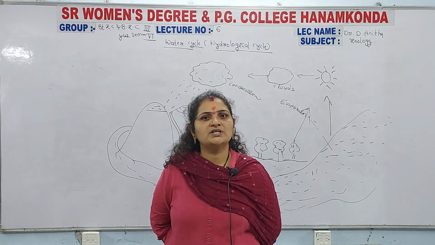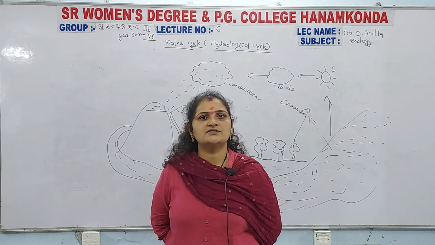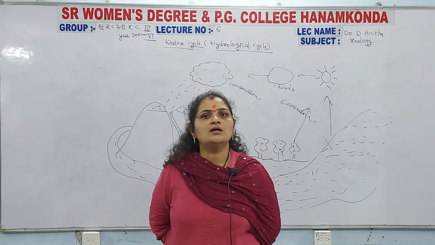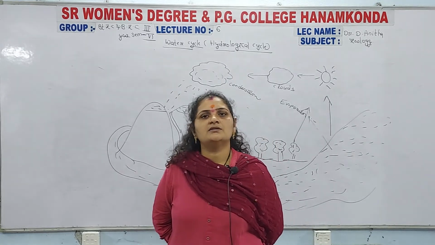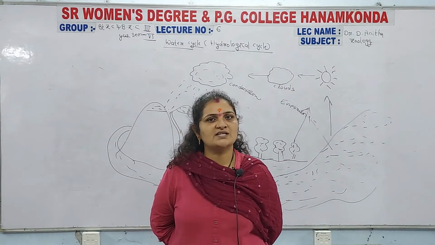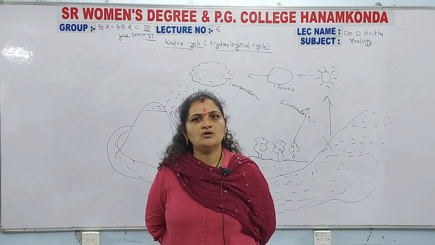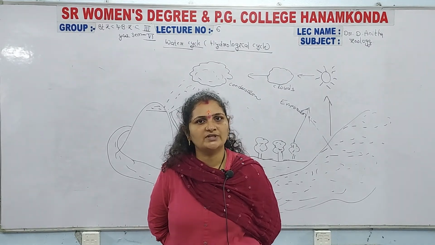They are going to become the rain in the rainy season, and the condensation process is over. Immediately the clouds burst, and the water droplets presented inside the clouds fall down on the surface of the earth region.